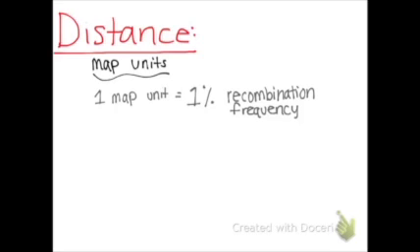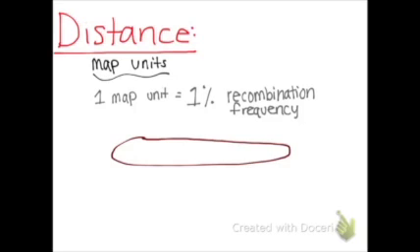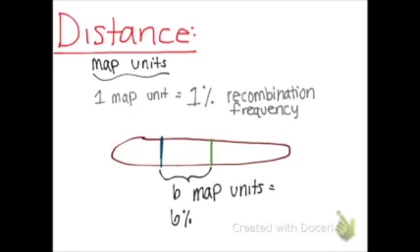And for an example, if you had a chromosome with your gene loci being here and here, and the distance was, say, 6 map units, that would equal a 6% recombination frequency.